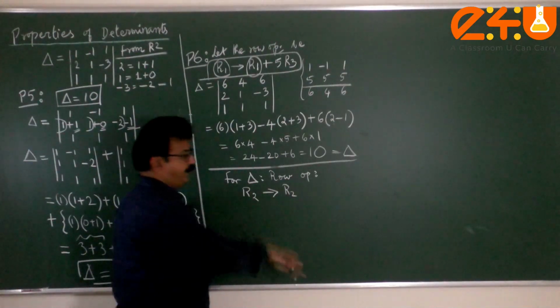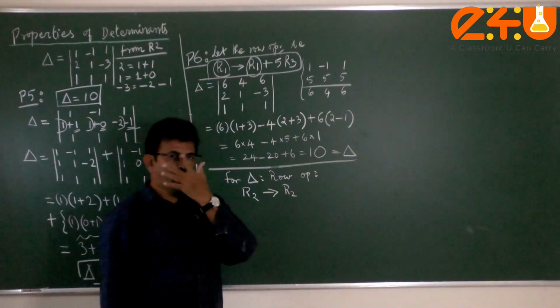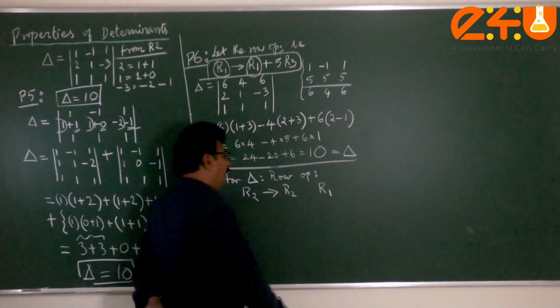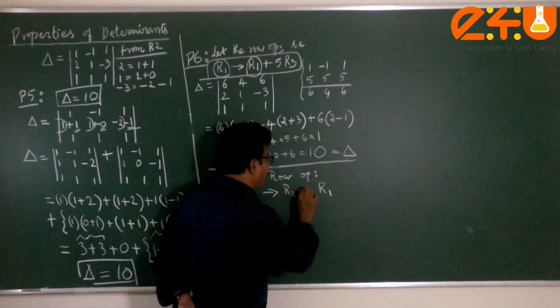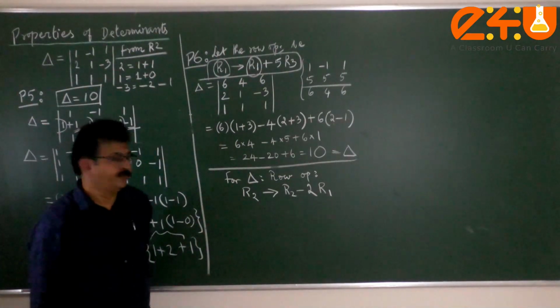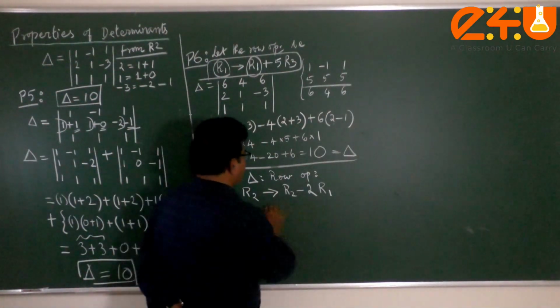To R2, I am going to add suitable multiples of, say, row 1. So let me take row 1. And why only add? Let me multiply with 2 and subtract. Done. So what are the elements in row 2?